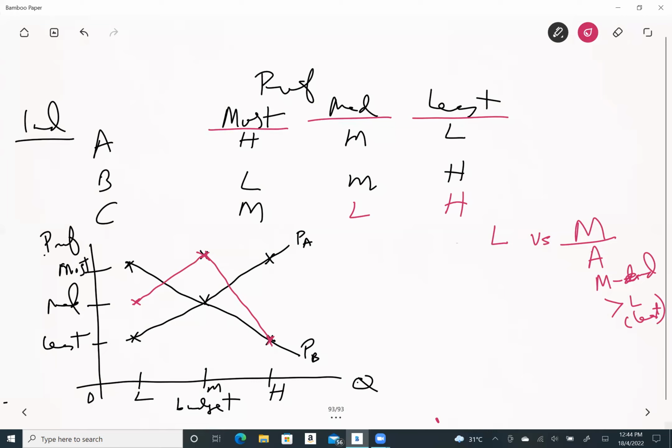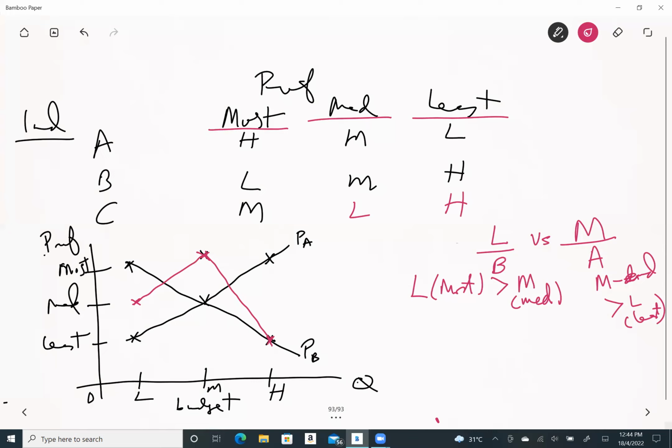L. B votes for L, because for B, L is his most preferred, which is better than M, which is his medium. So B will vote for L. Okay, so that's how you do the voting. For the person, you compare the ranking. So the higher ranking of the choice will be voted yes.